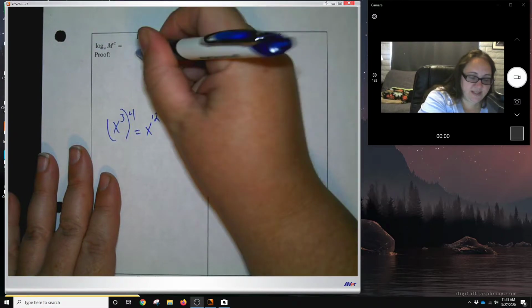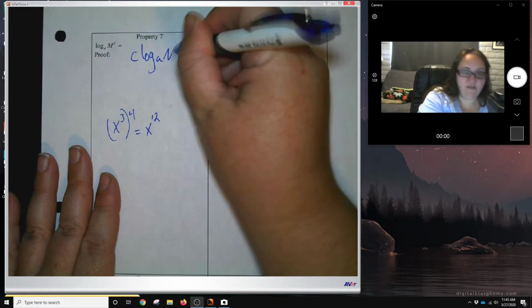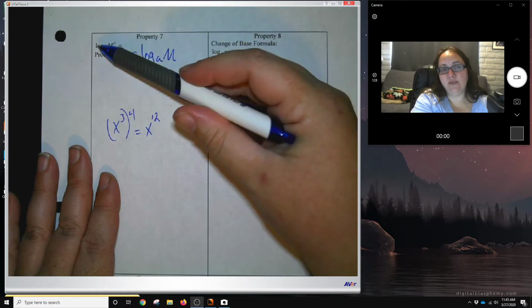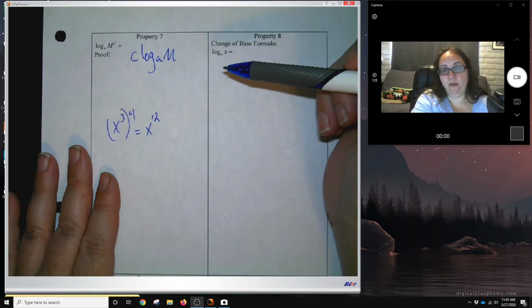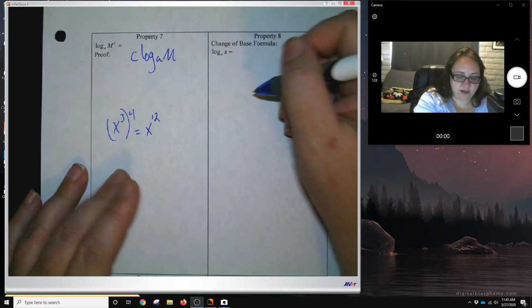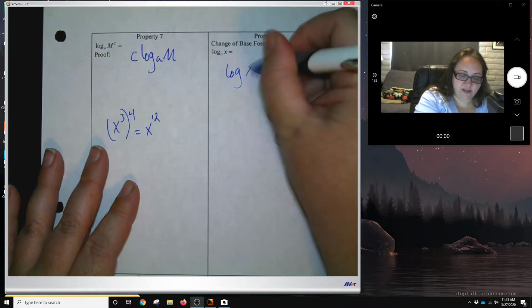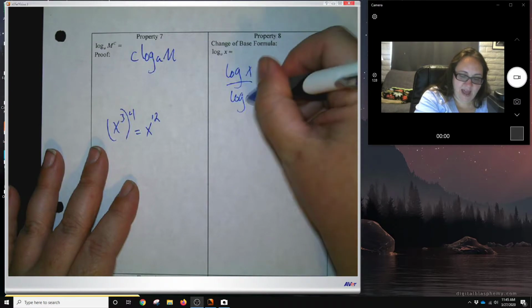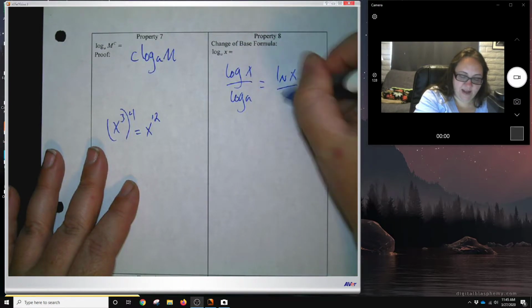So this becomes c times log base a of m. That exponent just moves to the outside. And then my change of base formula we talked about the other day. This is the log of x divided by the log of a, or the ln of x divided by the ln of a.